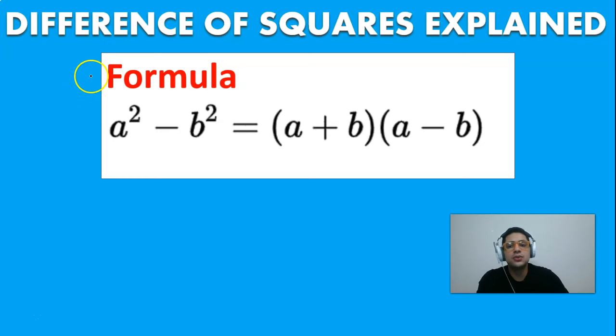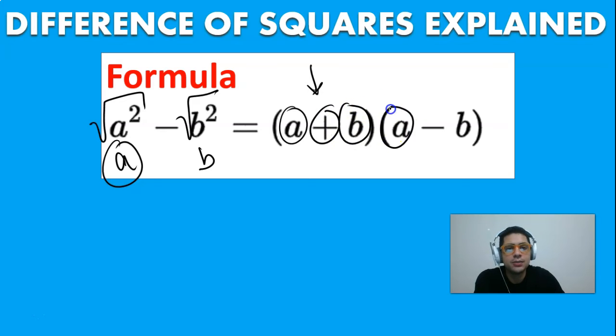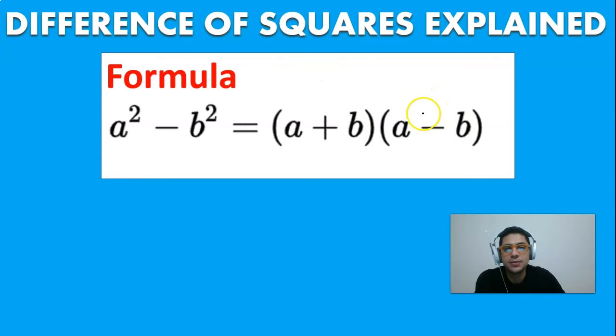So if we have two quantities, we take the square root of the first one and the square root of the second one, and we can express a product of the square root of the first plus the second square root, multiplied by the square root of the first one minus the square root of the second term. And we can use this formula in order to solve some problems.